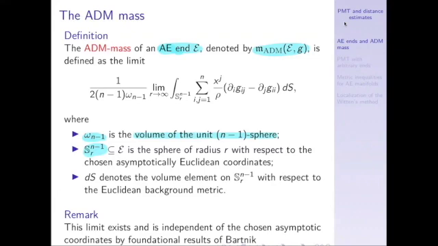And of course, ds is the volume element on S_r^{n-1}, which is induced by the Euclidean background metric. Note that this limit exists and is independent of the chosen asymptotic coordinates by foundational results of Bartnik.